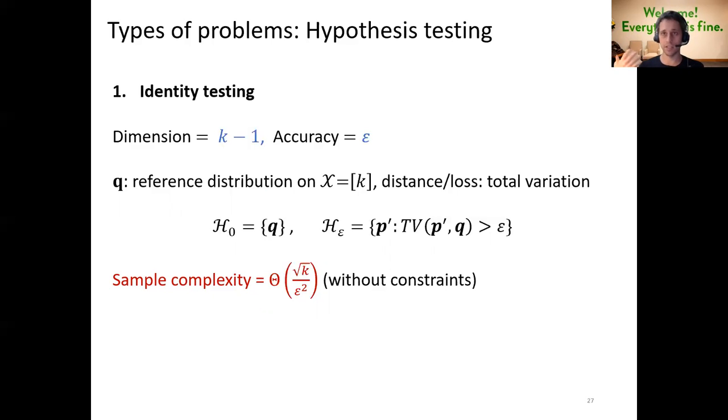So here we've got, again, a discrete distribution on a domain of size k. And we've got a reference distribution on this domain. So for example, the uniform distribution, the simplest and actually kind of hardest example there. So we've got a reference distribution Q on the discrete set of size k, and we're going to consider the total variation distance again.